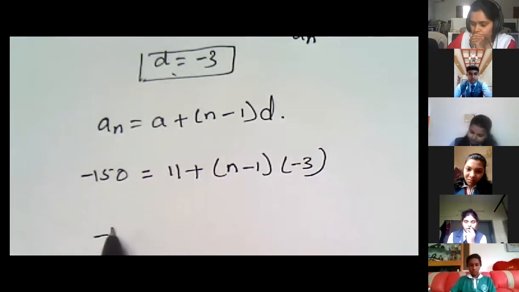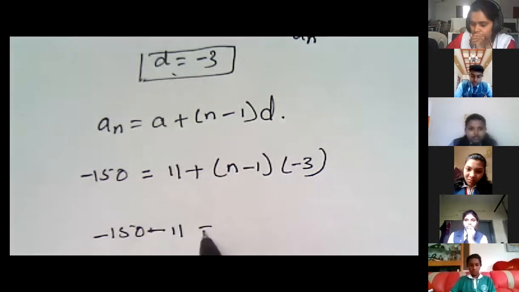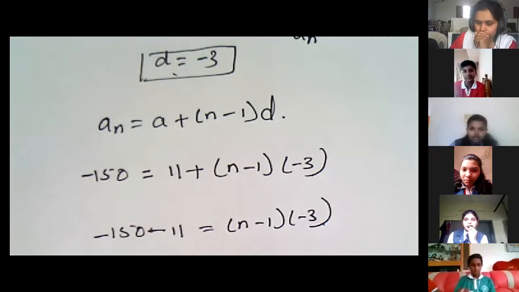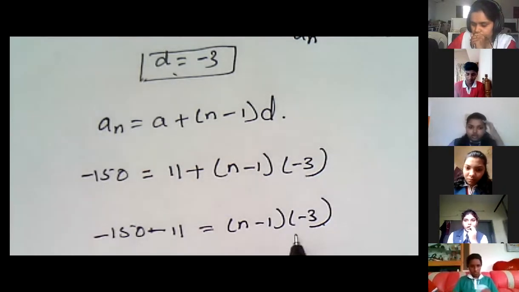So now minus 150 minus 11 equals n minus 1 into minus 3. Then minus 161 equals n minus 1 into minus 3.